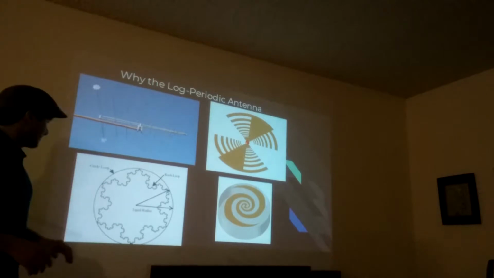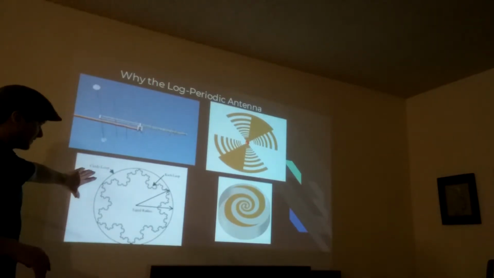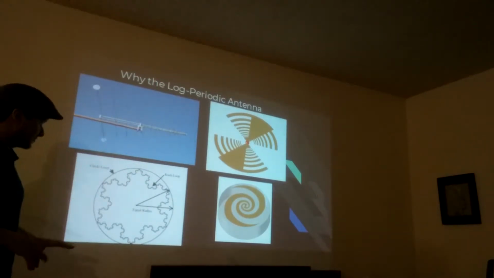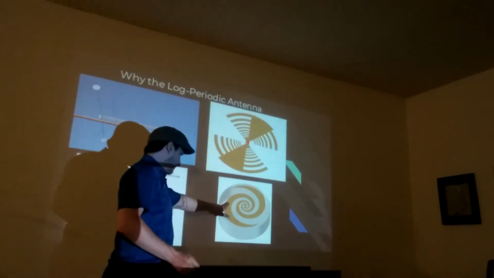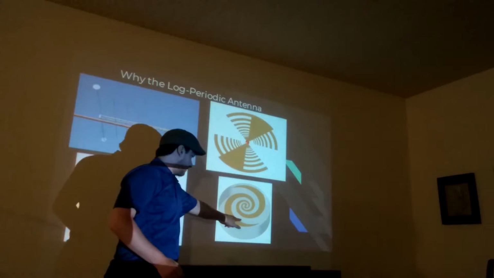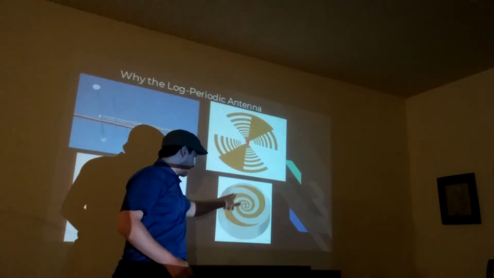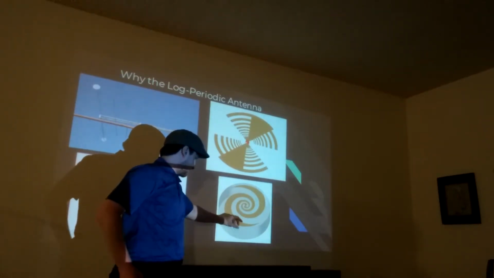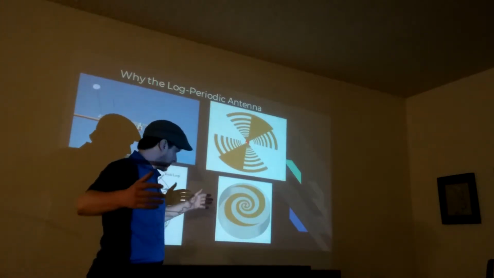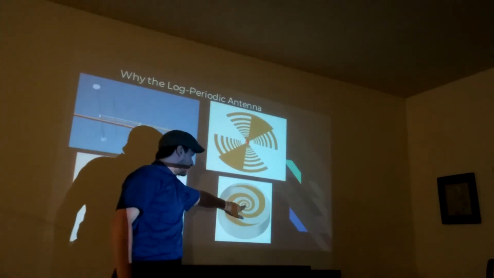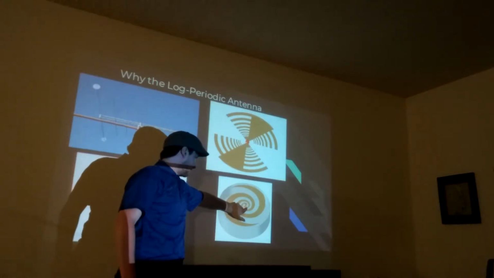Now, the four main examples that Bolaños mentions is a spiral antenna, where the spiral is frequency independent, so the larger the spiral, the lower frequencies it can go down to, and then closer is higher frequencies.